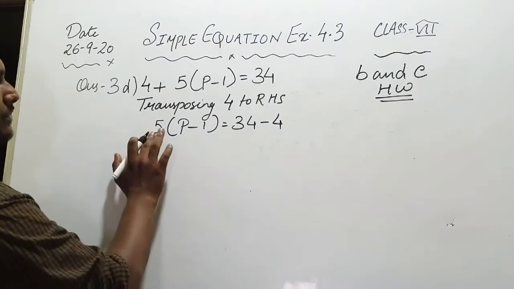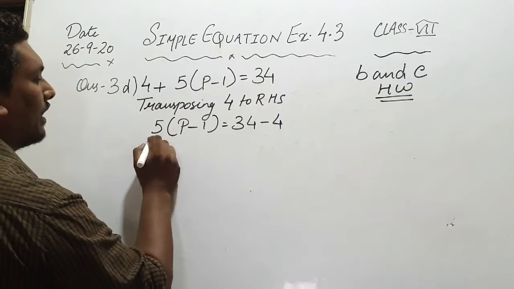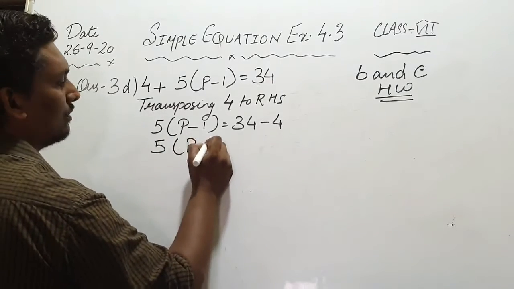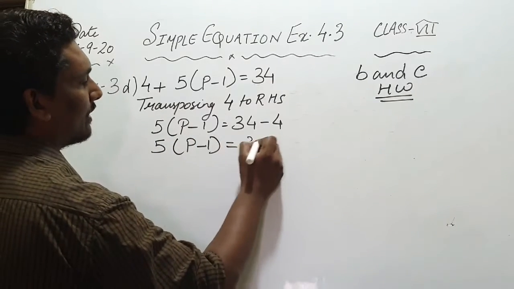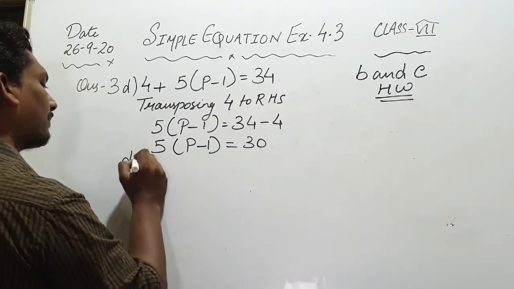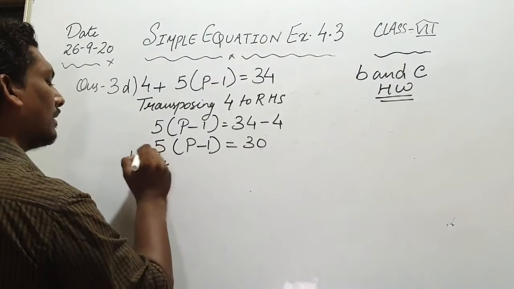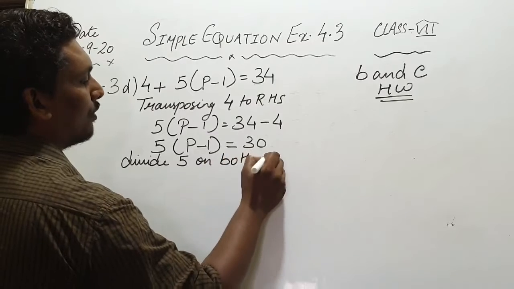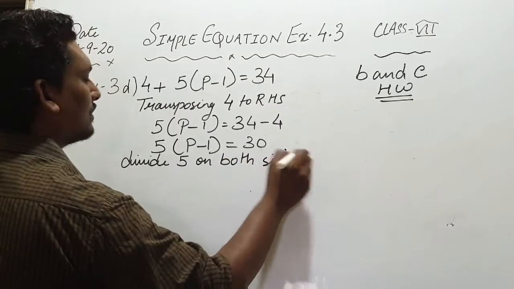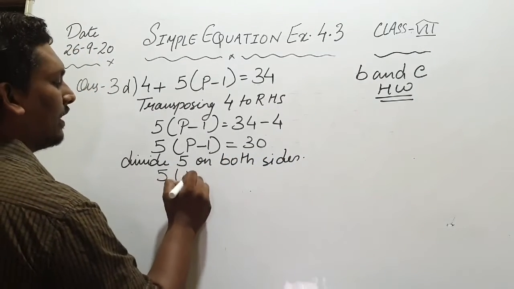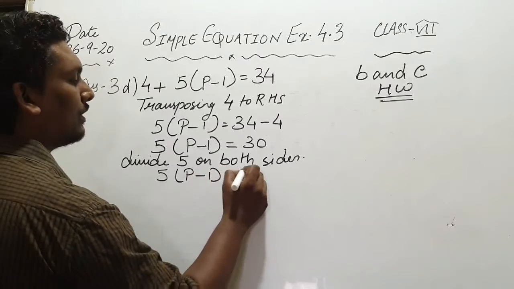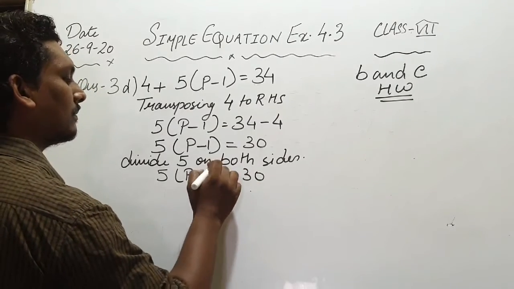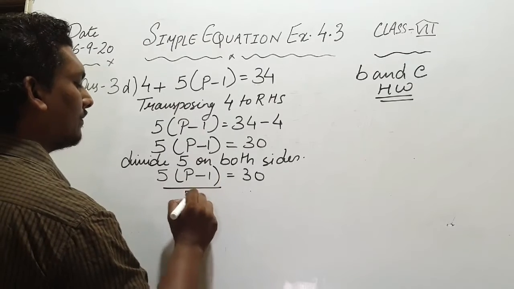Now we could multiply this 5 with p and this 1, but we can do it in another method also. 34 minus 4 will become 30. Now divide by 5 on both sides. So 5(p minus 1) by 5 is equal to 30 by 5.